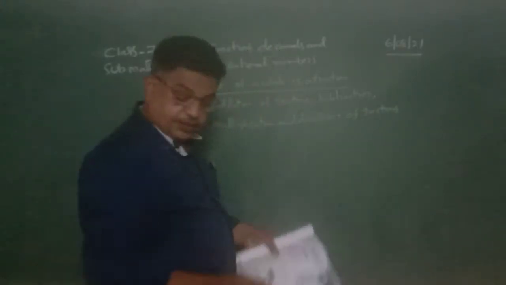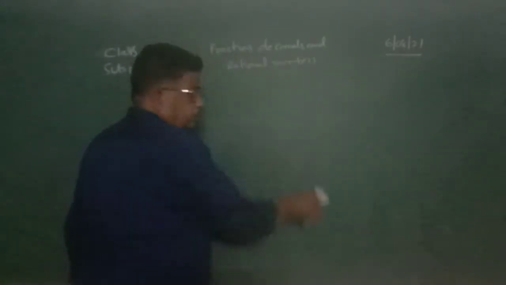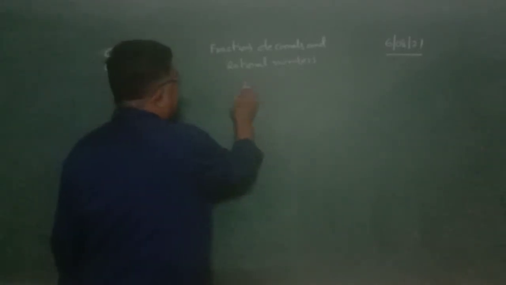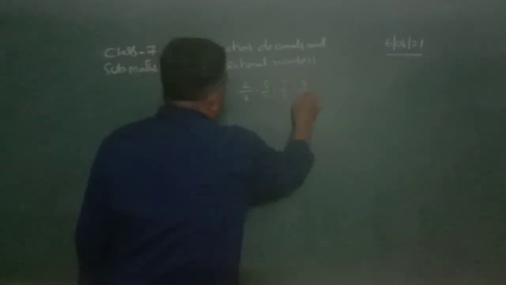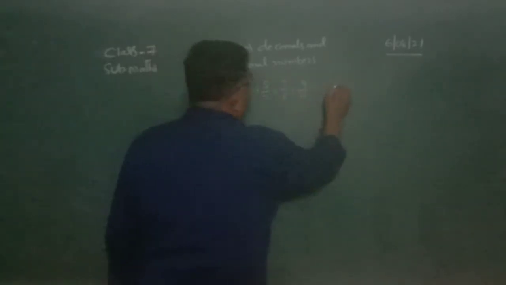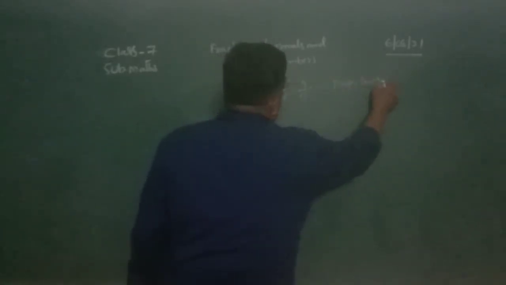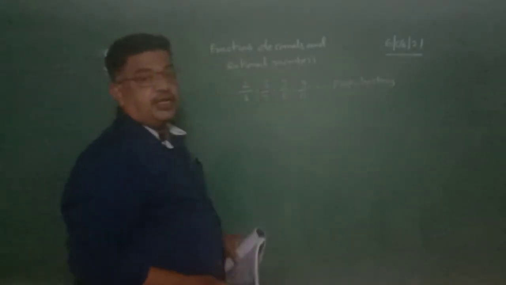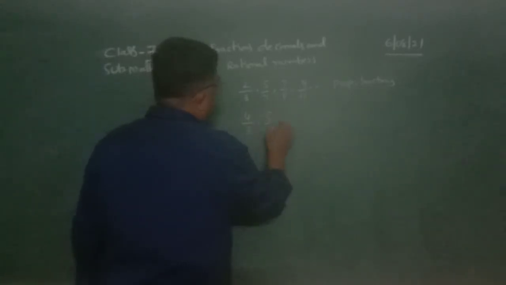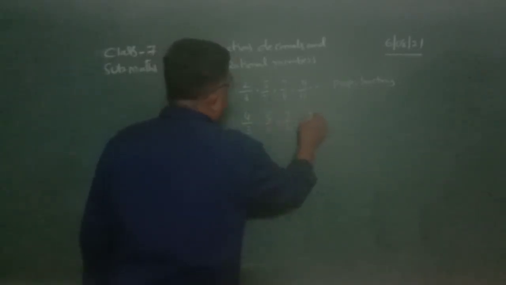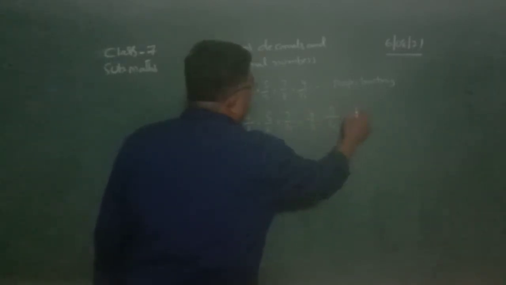Suppose I give you fractions of this form: 2 by 3, 5 by 7, 7 by 8, 9 by 11. All these are examples of proper fractions. We learnt already, numerator is smaller than the denominator. 4 by 3, 5 by 2, 7 by 4, 8 by 5, 9 by 4, 11 by 3.